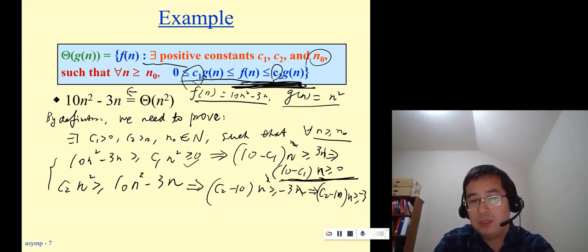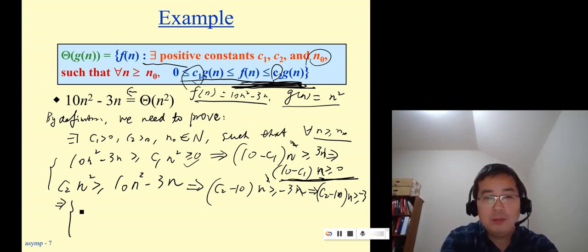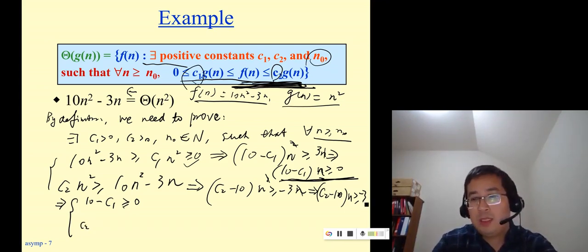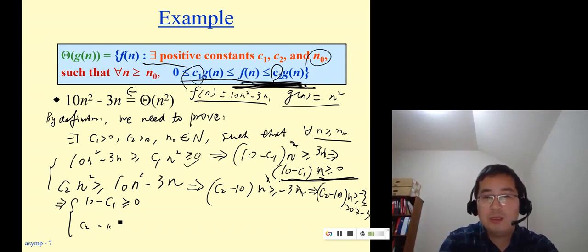So that means we can get what? 10 minus C1 larger or equal to 0. And the next one is C2: this one larger than minus 3. To make it safer, if we can make it larger than 0, of course 0 will be larger than minus 3. So you can make C2 minus 10 larger than 0. So this one will solve.